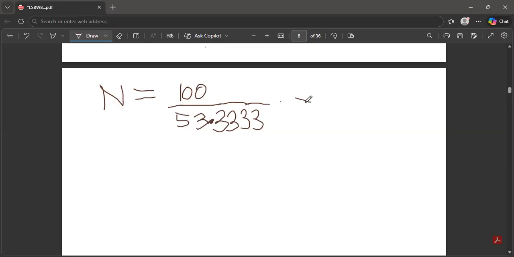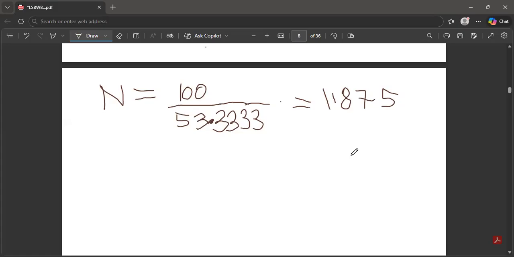So that is going to be the value of n. Therefore, we can say that n is equal to 1 point, or we can even say n is equal to 2.